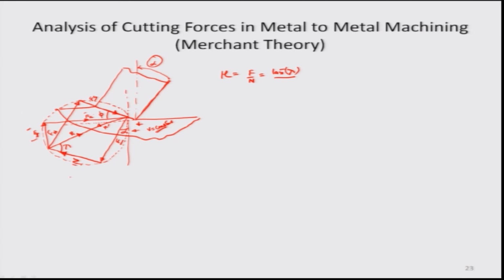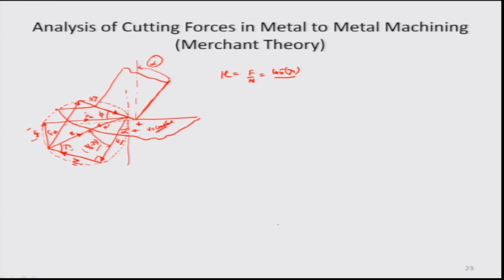And having said that, we have this angle right about here, which we find as pi by 2 minus lambda, because obviously the total sum of the angles in this particular triangle, which comprises the friction force F and N and the resultant reaction R, is 180, and this angle being lambda makes this other angle 90 minus lambda.